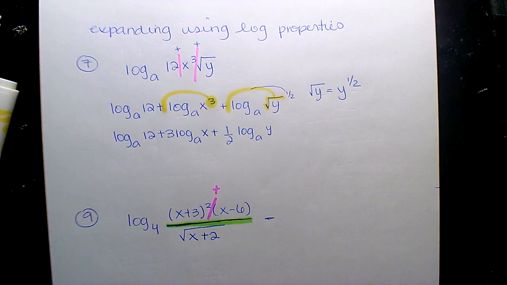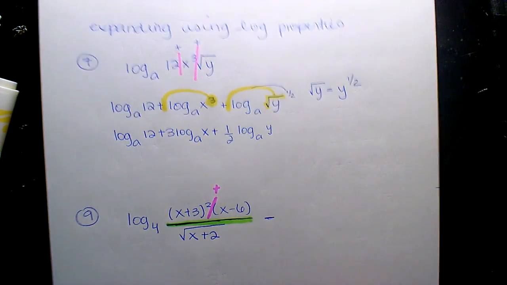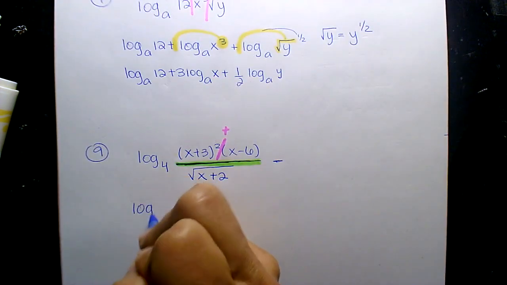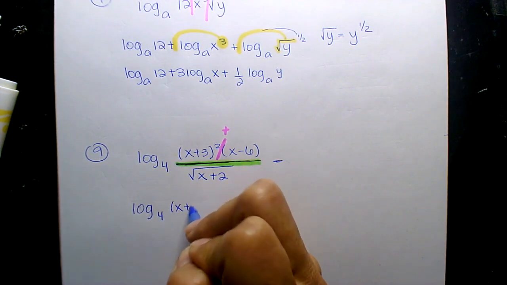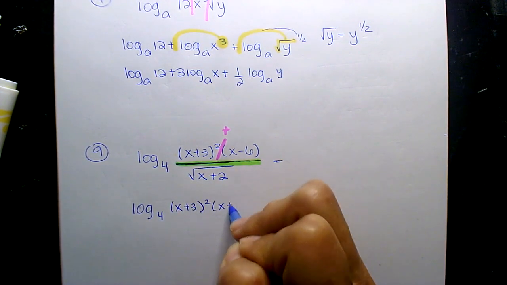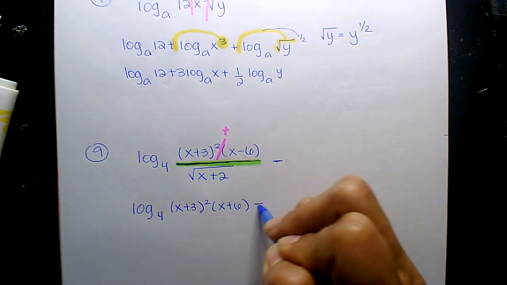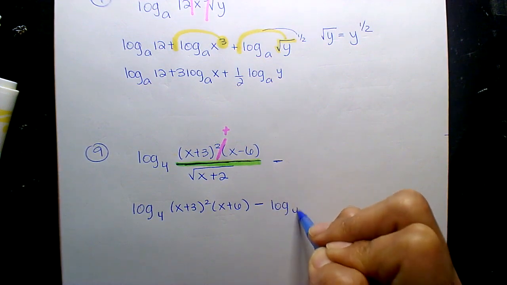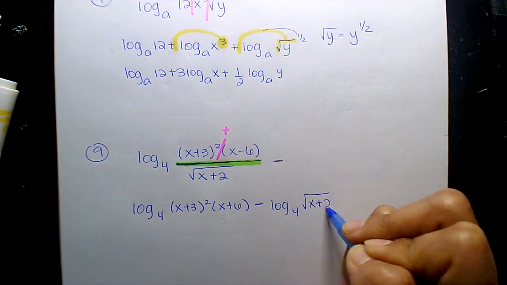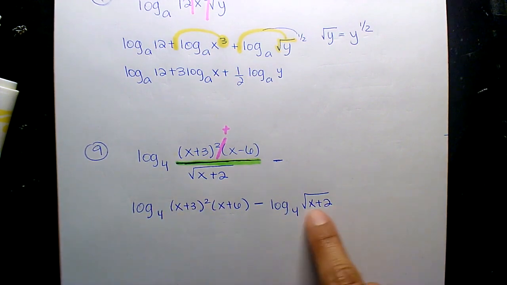So if you want, first let's just break up the fraction and use the quotient. So log 4 of the numerator, and then this is my minus log 4 of x plus 2. And so this is your numerator, that's your denominator, and now you just break up the others.